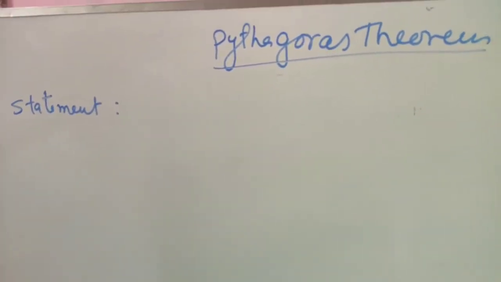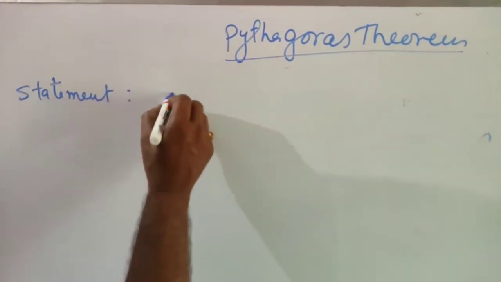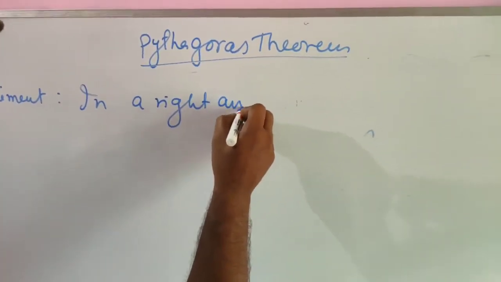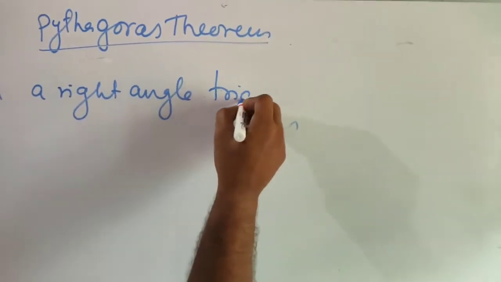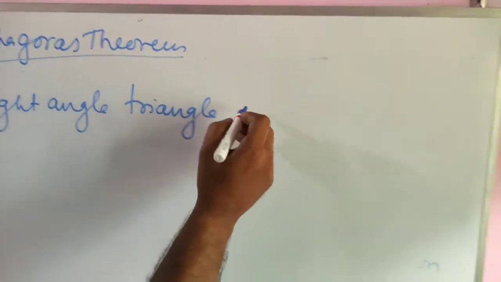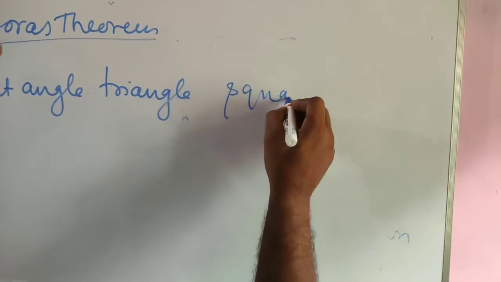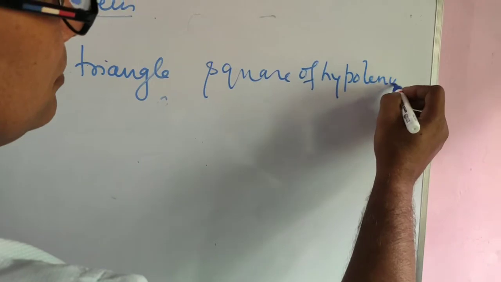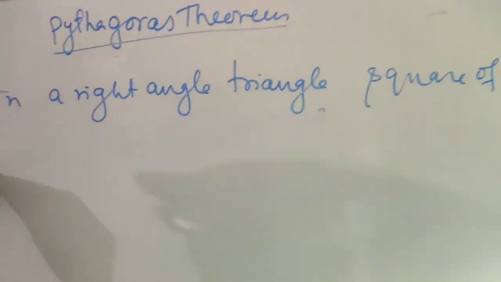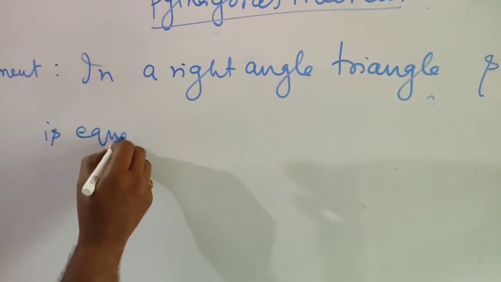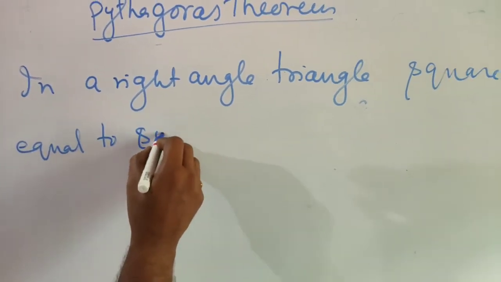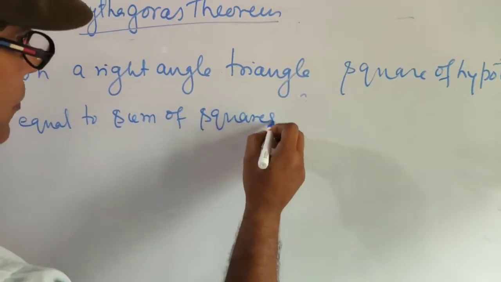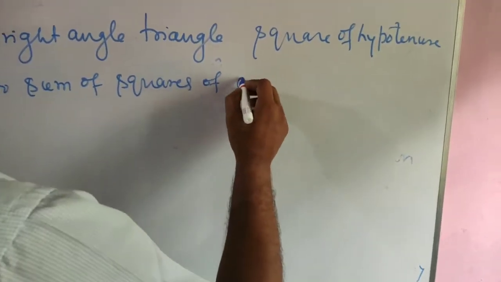Which statement is in a right angle triangle, a square of hypotenuse is equal to sum of squares of other two sides.